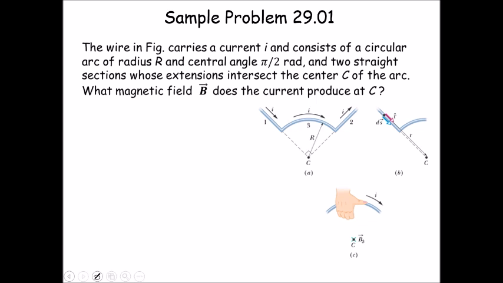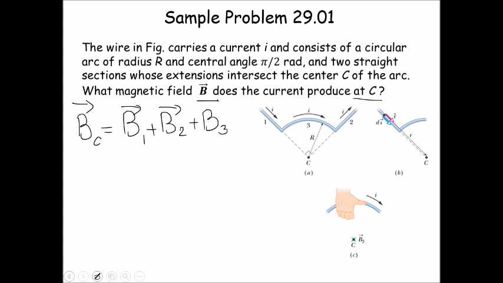And the question is, what is the magnetic field produced at the center of the circular arc? So we can write the following: B at C is B1 plus B2 plus B3. That's the principle of superposition.